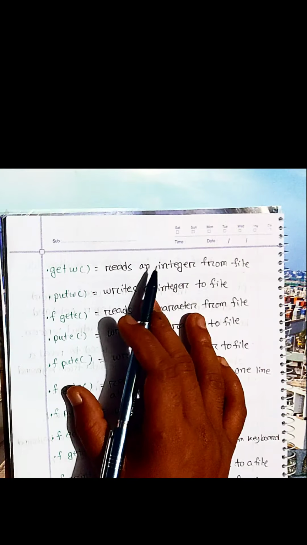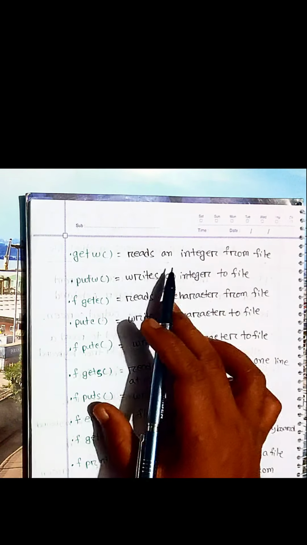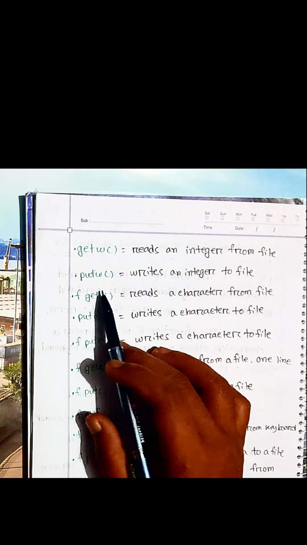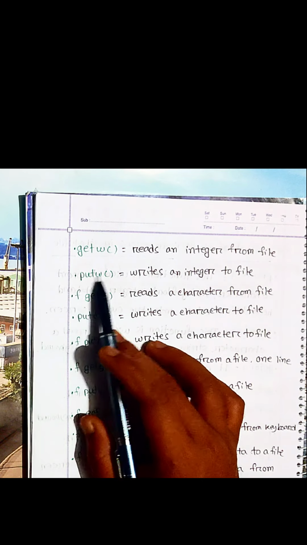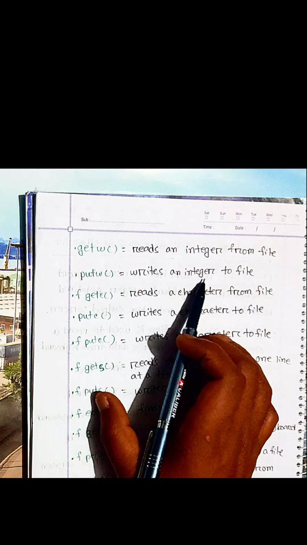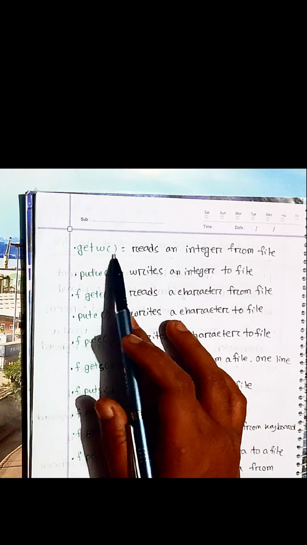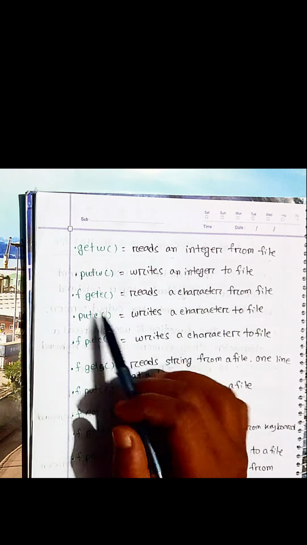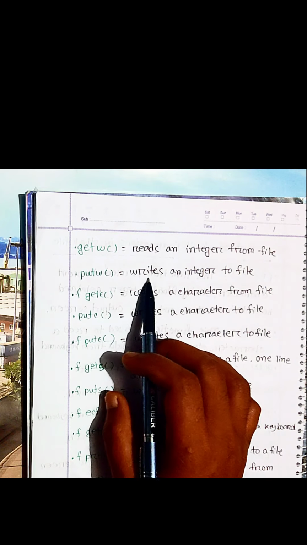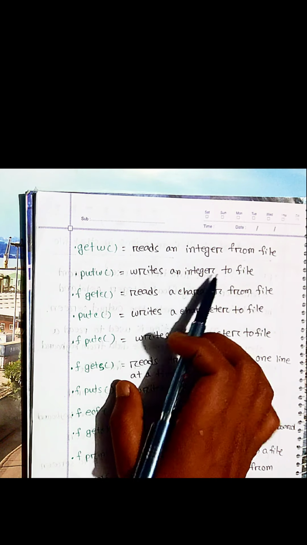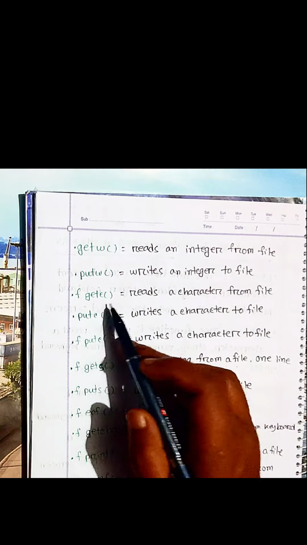It will read an integer only, not any other data type like float. Okay, putw, writes an integer to file. getw will read an integer from file. putw will write an integer to the file.